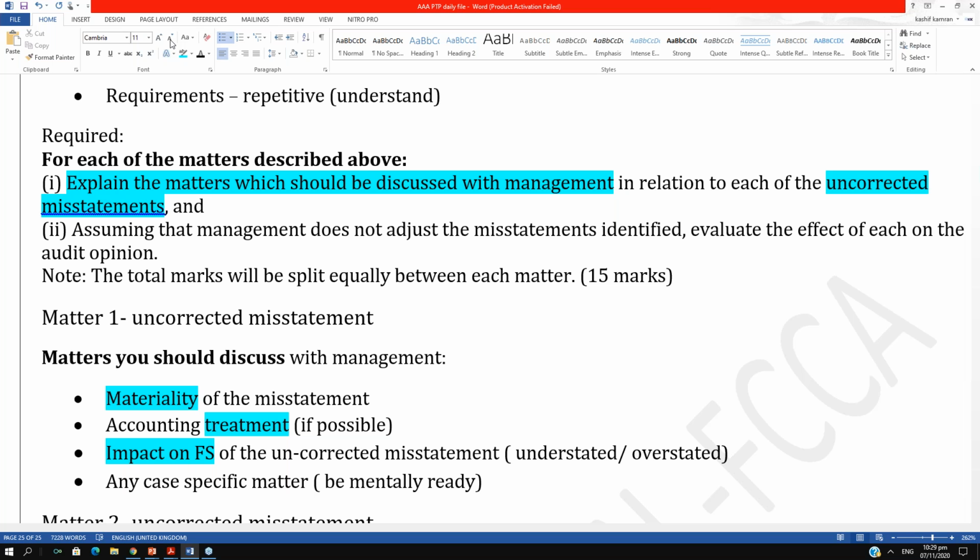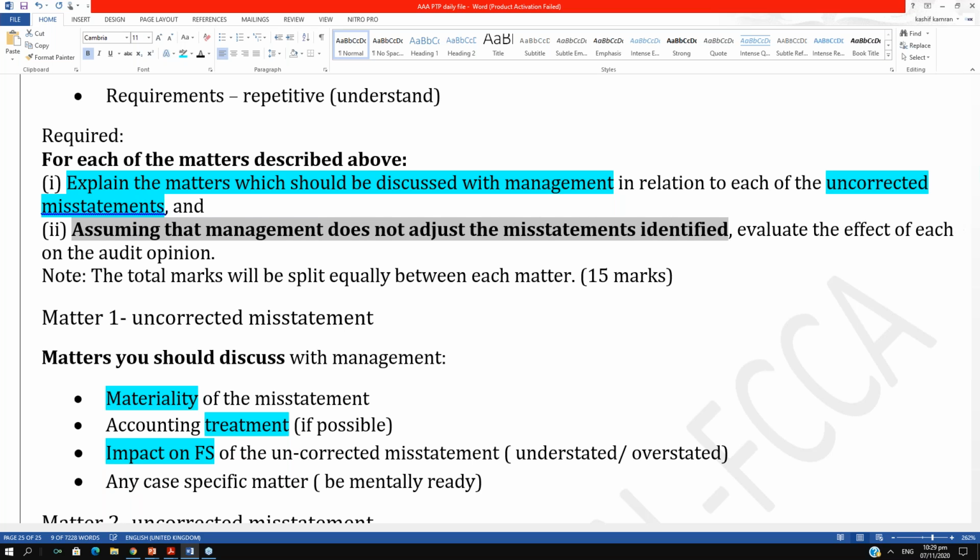And what is the second thing the examiner is asking you? Assuming that the management does not adjust the misstatement identified, evaluate the effect of each on the audit opinion. On the audit opinion or on the audit report? What is the examiner asking in the second part?